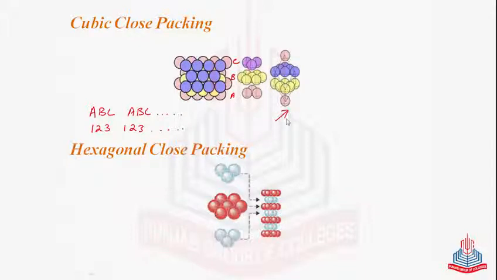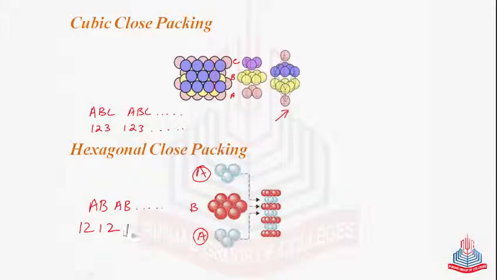Whereas in the case of hexagonal close packing, this is layer A, this is B, and this is again A, as both of these are similar. So this type of packing results when the third layer is placed over the A-type surfaces. It can be written as A, B, and so on, or 1, 2, 1, 2, 1, 2, and so on.